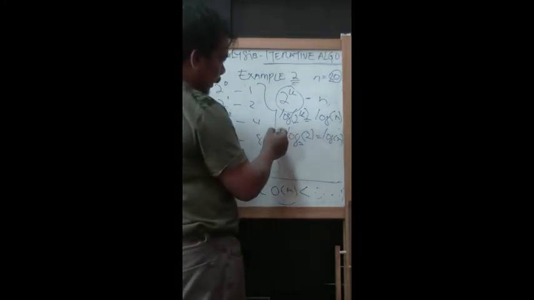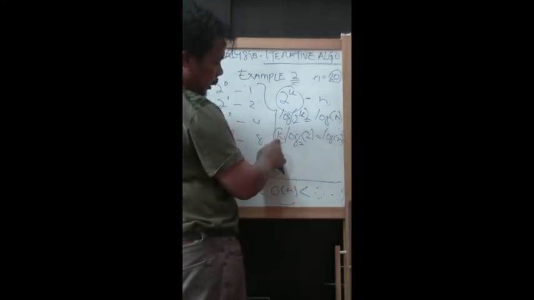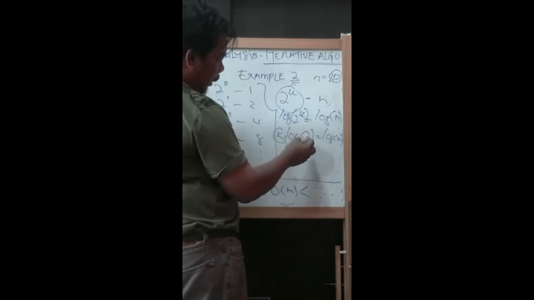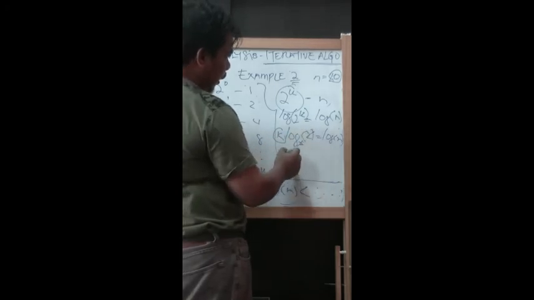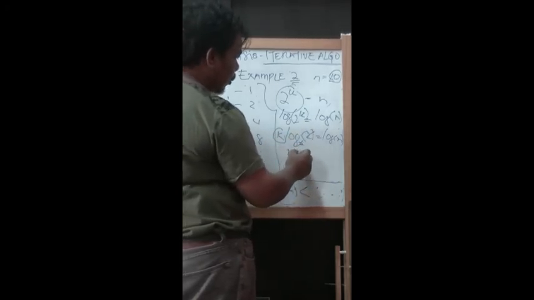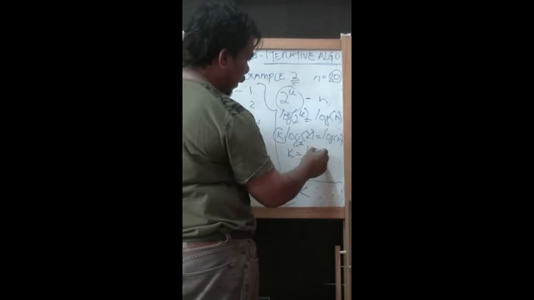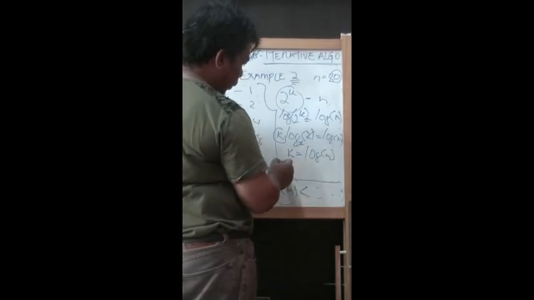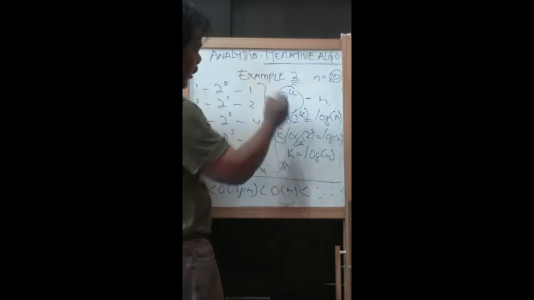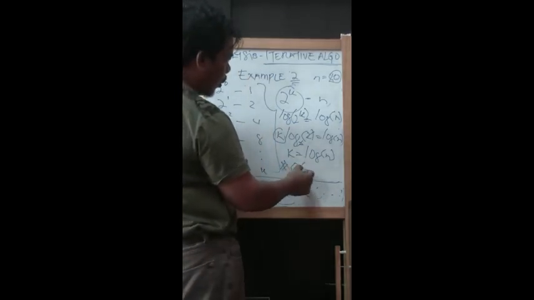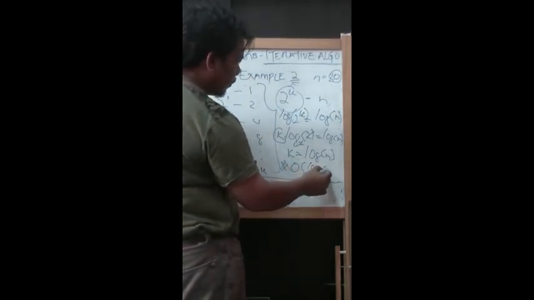And we want to estimate how k increases here. So we can simplify: this becomes k equal to log n. So we can estimate that this actually ends up with O(log n).